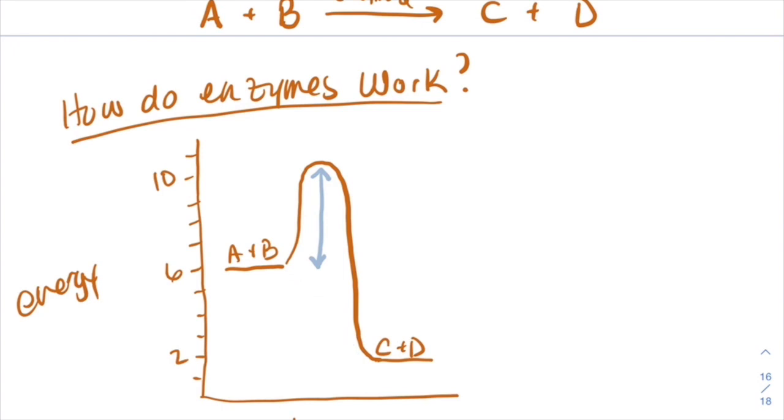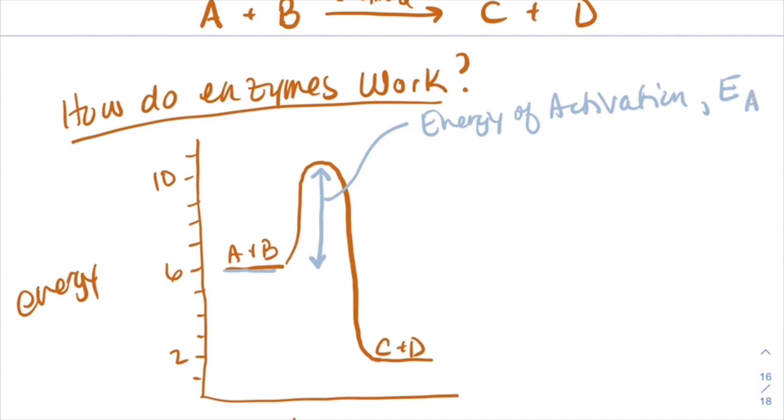And this hurdle here, the difference between where we start at level 6 and up to a 10, this is the amount of energy that has to go into a chemical reaction just to get it started. And that's called the energy of activation, or capital E with the subscript capital A. We'll call it E sub A, like that.